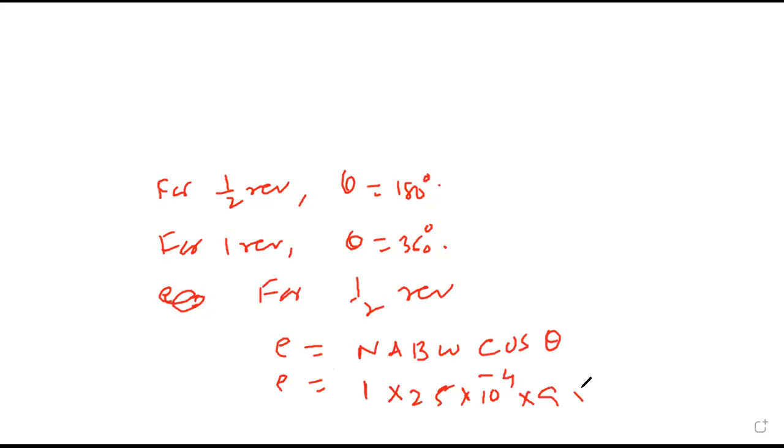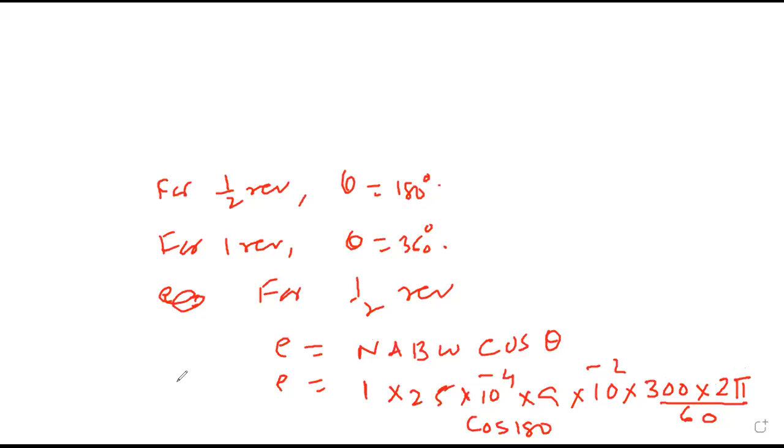B is 9 into 10 raised to minus 2. Omega is 300 rotations, so 300 multiplied with 2 pi, one rotation means 2 pi radian, and 1 minute is 60 seconds. This much clear? Into cos 180. Okay?